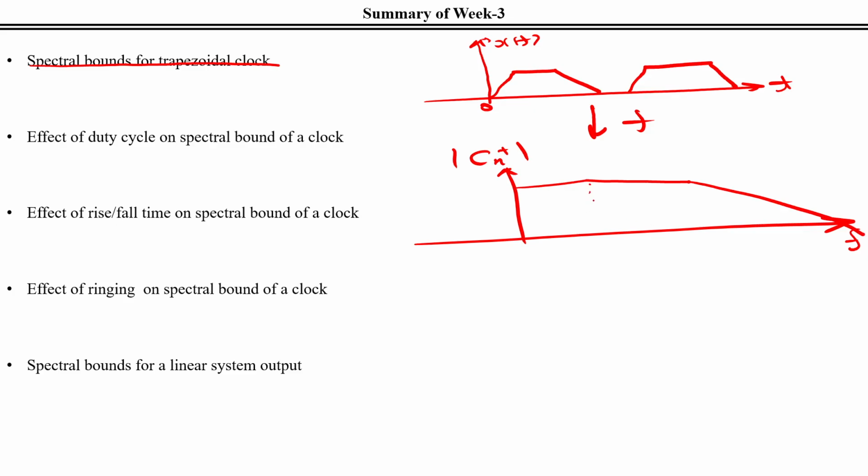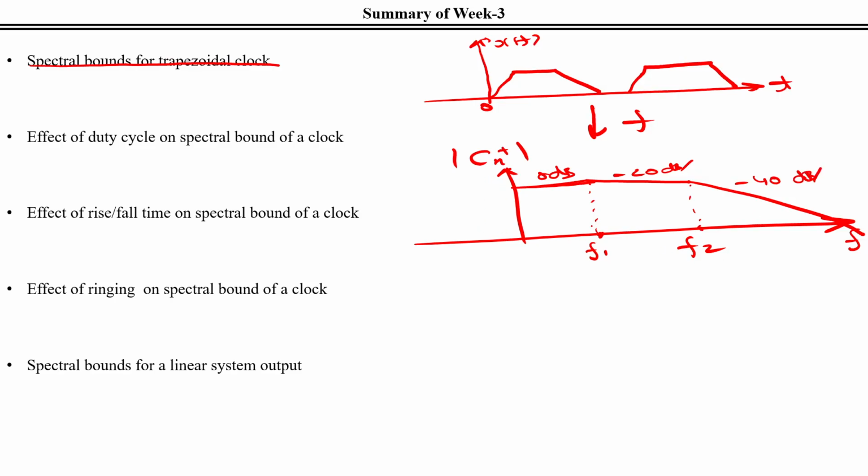There are two breakpoint frequencies, f1 and f2, and here it's 0 dB. This is the DC value, and after f1 there is a drop of minus 20 dB per decade. Similarly, after the breakpoint frequency f2, it becomes minus 40 dB per decade.